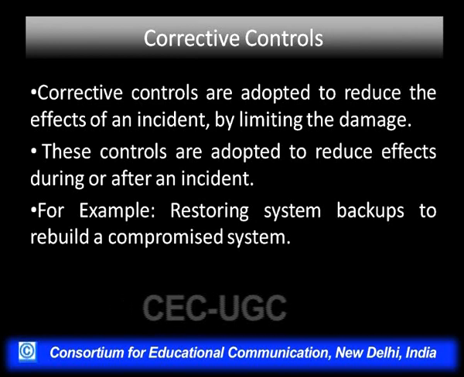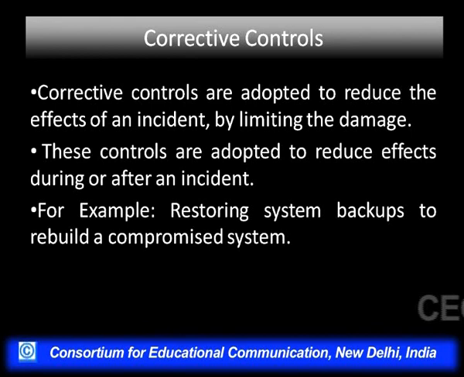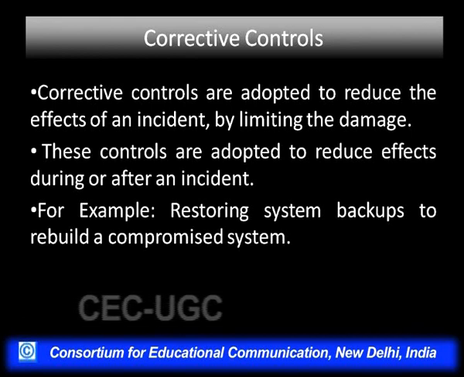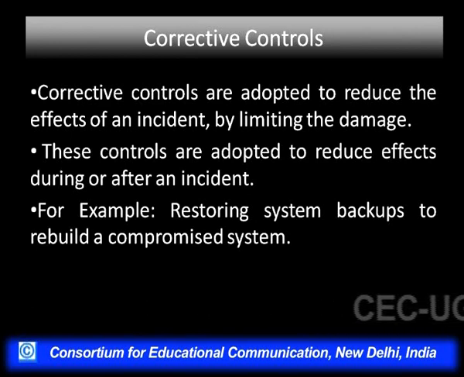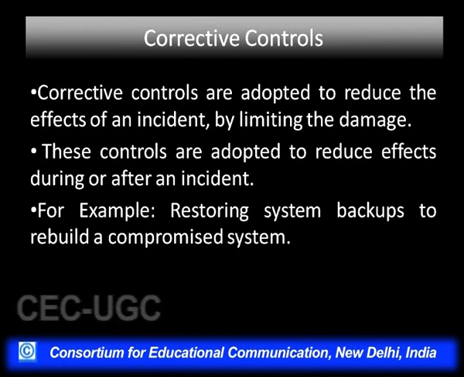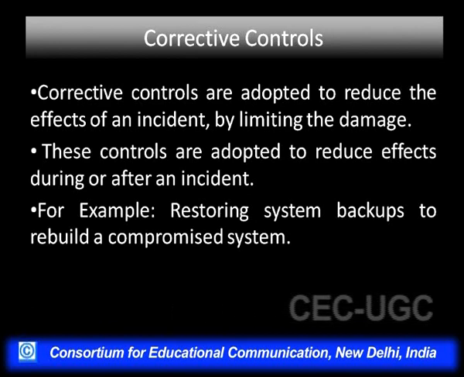How it does this is, for example, if a system has been compromised, what corrective control we can take at this time is restoring the system back up, so as to rebuild the system as a whole from the point when the attack had taken place.